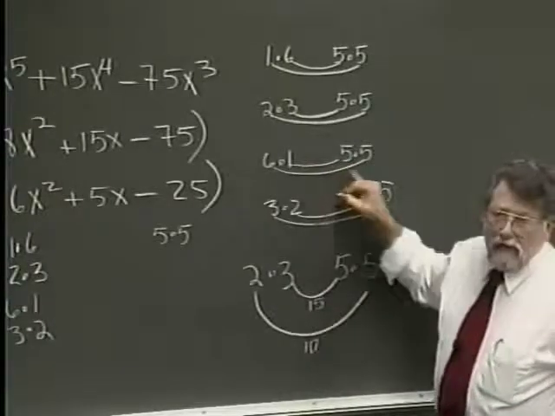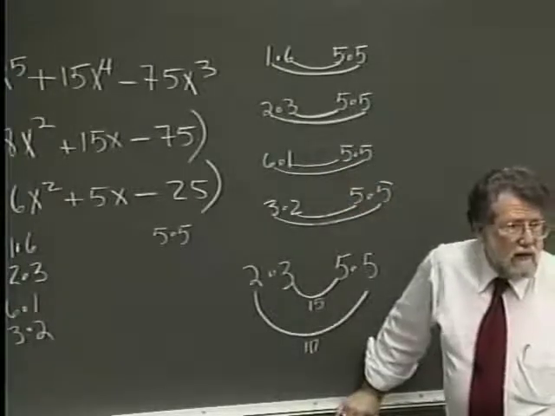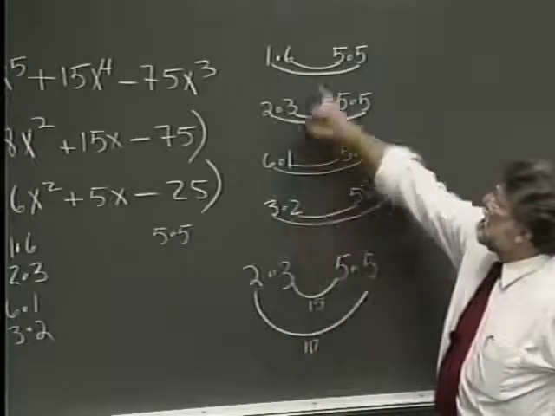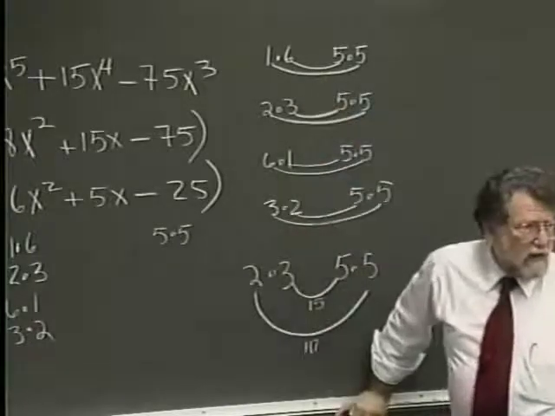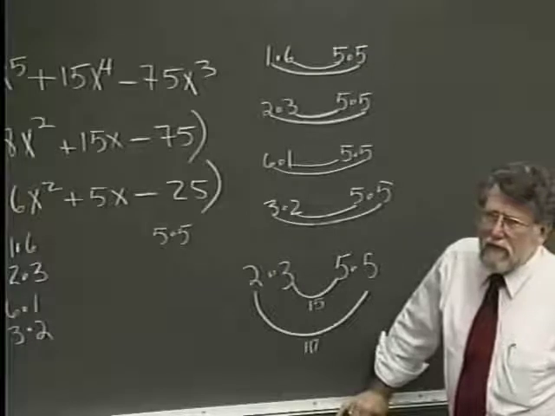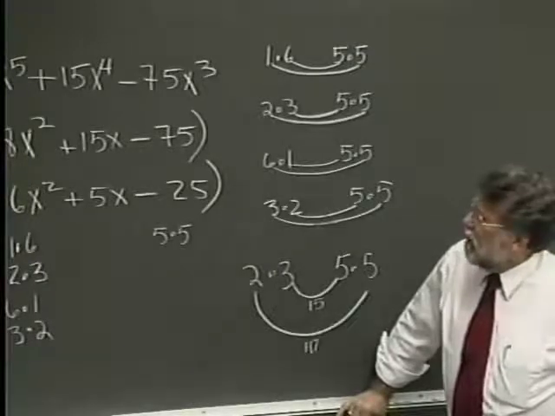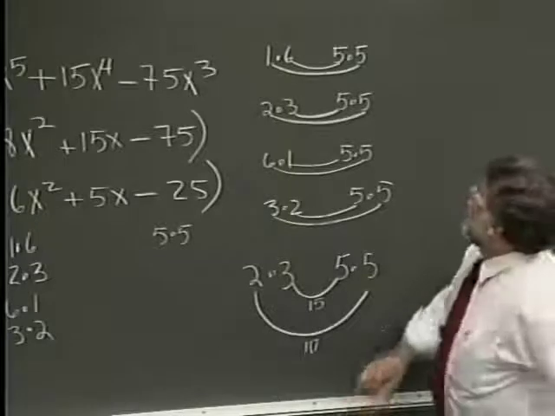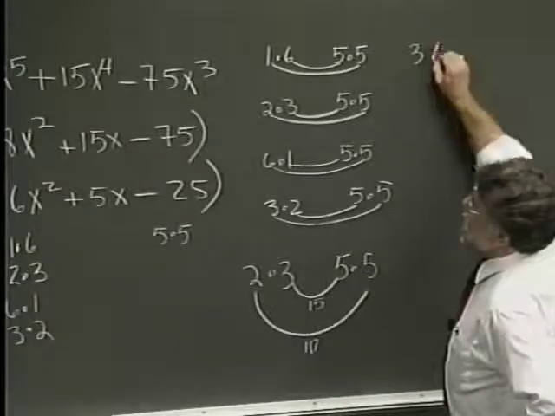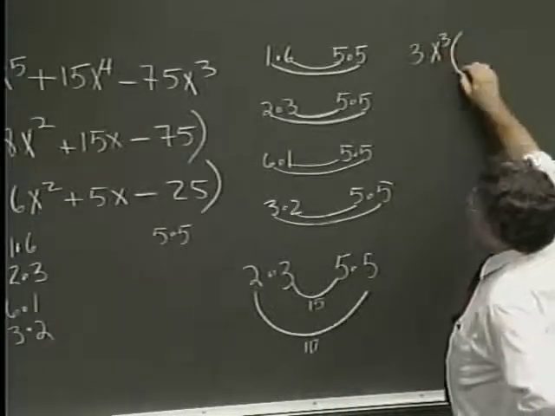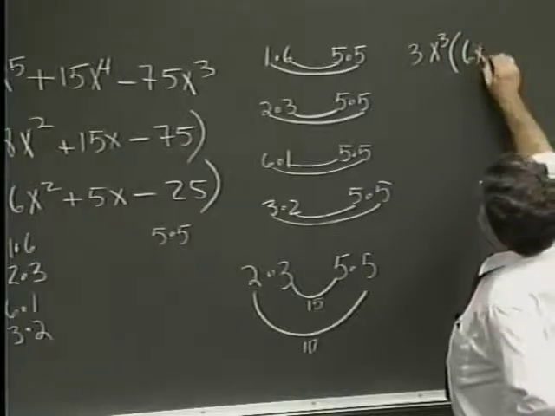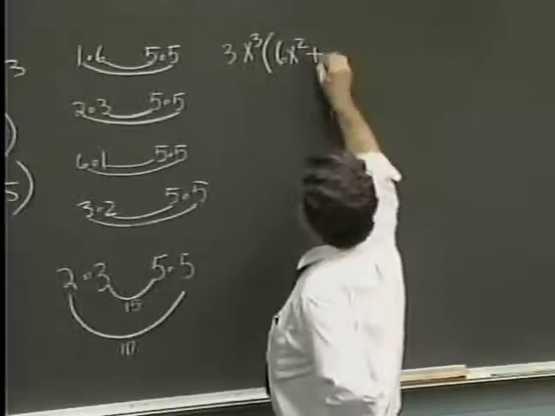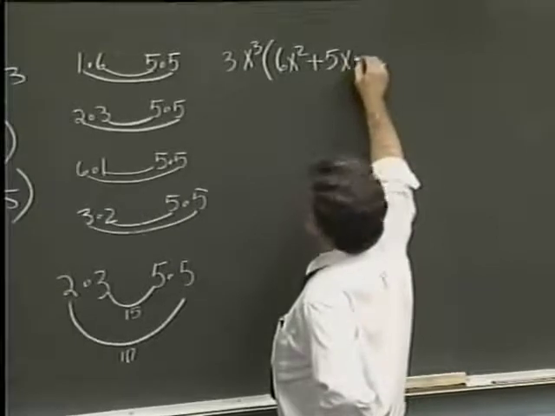Well, I have 5 and 30. That's a difference of 25. And up here, I still have that same difference of 30 and 5 for 25. So let's see what we're going to do with our final result here. I had 3x to the third. And I'll just rewrite this so that we can focus on the same space here.